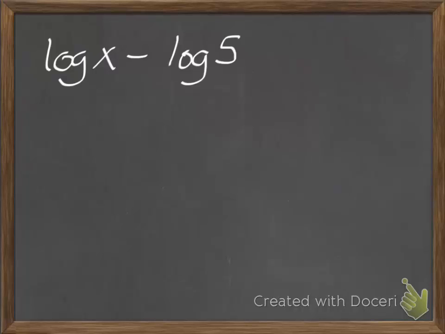What am I asking you to do? Put it together. I didn't have to write the 10 because it's understood if I don't write it. Just like we're counting in base 10, log base 10 is understood. So that would be log of x over 5. And I'm done.